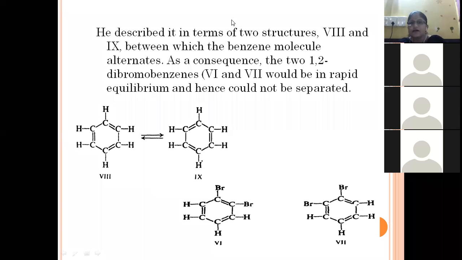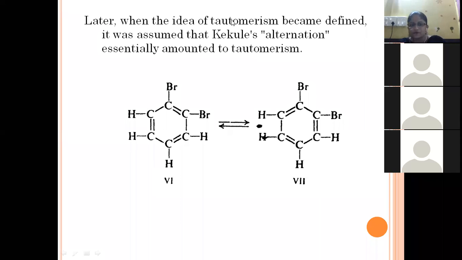Later, when the idea of tautomerism became defined, it was assumed that this is Kekule's alteration. What is Kekule's alteration?